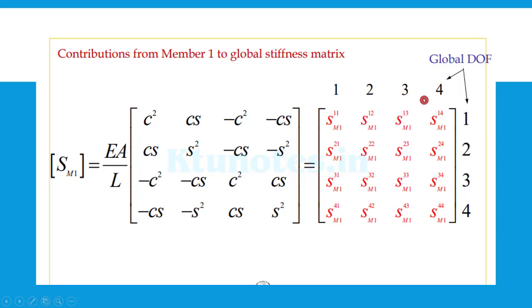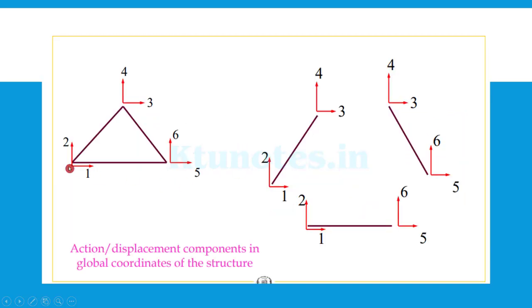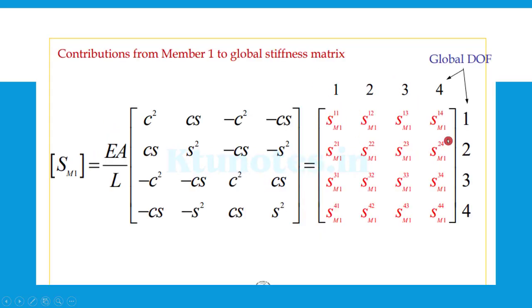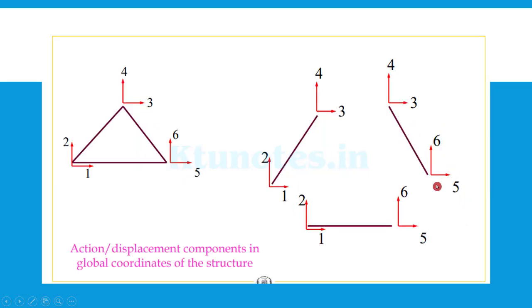So 1, 2, 3, and 4 are the global degrees of freedom. For member 1, you have 1, 2, 3, and 4 as the global values, so it is correctly placed at 1, 2, 3, 4. For the second member, you have 3, 4, 5, and 6.